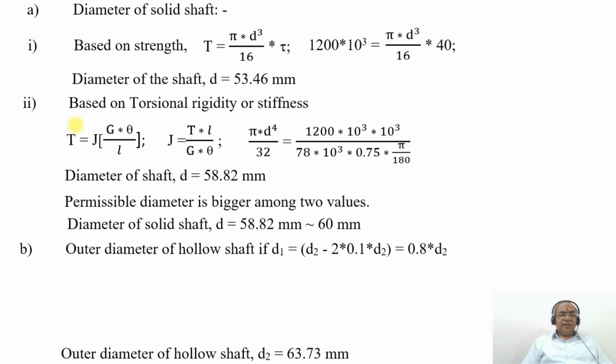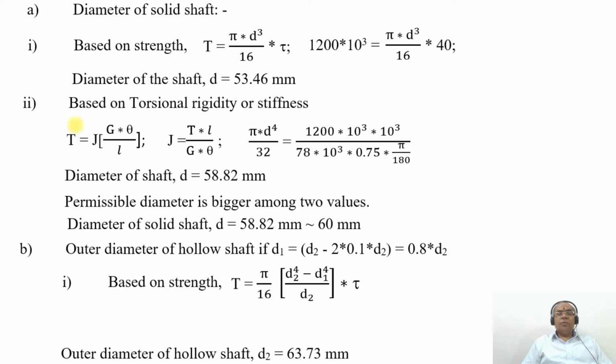Then considering the second part of the problem, which is B, the outer diameter of the hollow shaft, D1 will be equal to D2 minus 2 into 0.1 into D2, which is equal to 0.8 into D2. Based on the strength criterion, again T is equal to pi by 16 into D2 to the power of 4 minus D1 to the power of 4, divided by D2, into tau.